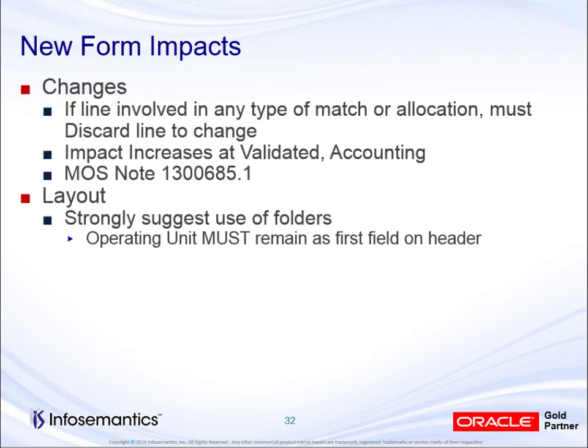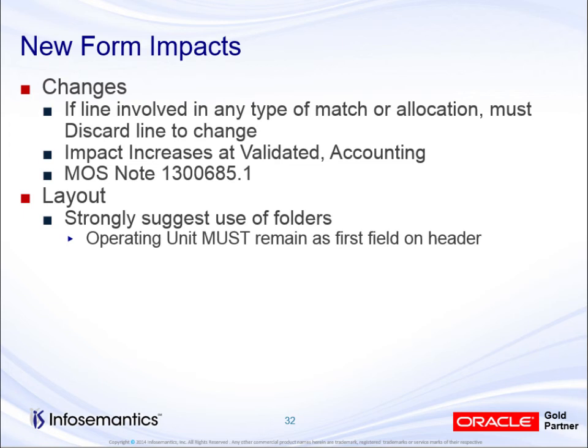Changes. The ability to make changes to invoices in R12 is different than 11i. I suggest you read that MetaLink note. And the restriction to making changes increases at validated in accounting.